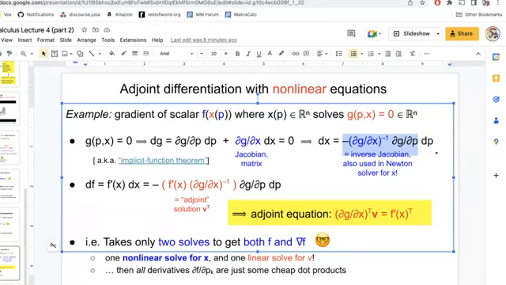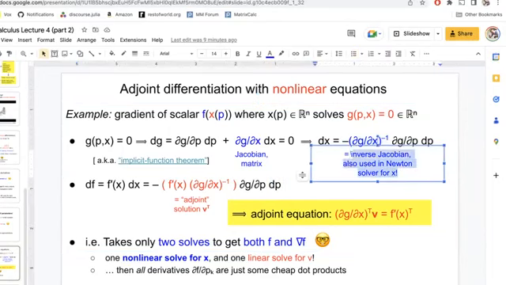Then we plug that in for dx. What you get is f prime of x, with a minus sign from here, times this inverse Jacobian matrix, times this other Jacobian matrix with the parameters, times dp.